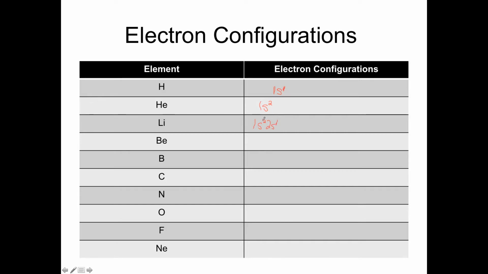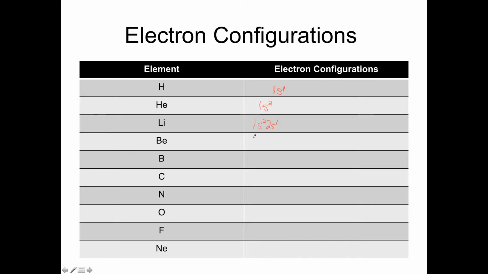Now if I add up these superscripts, 2 plus 1, that equals 3, and lithium is number 3 on the periodic table. So that's a good way to fact check your work when you're doing this. If you can make sure the superscripts add up to the number that it is on the periodic table, you know you're doing it right.